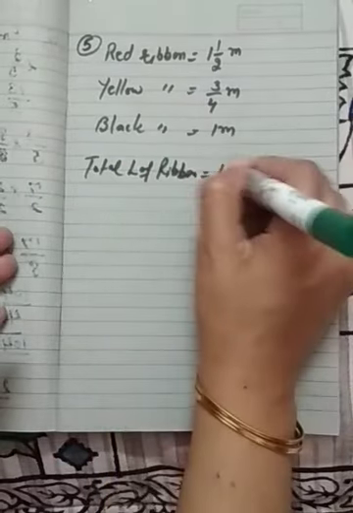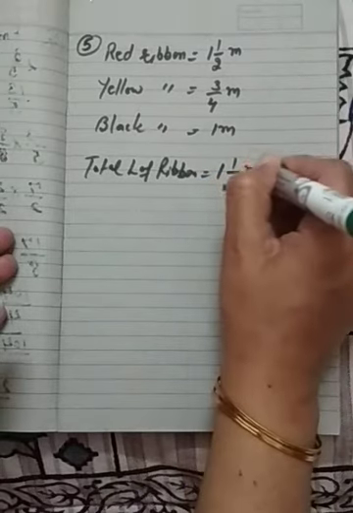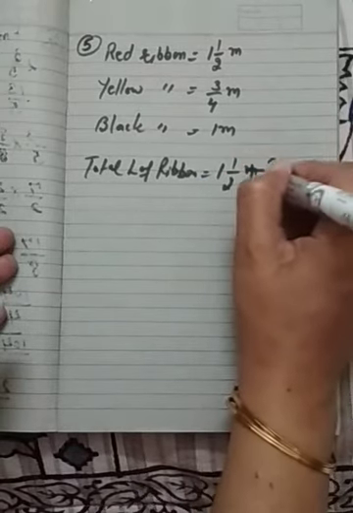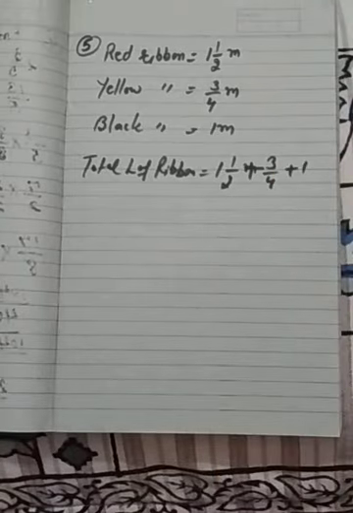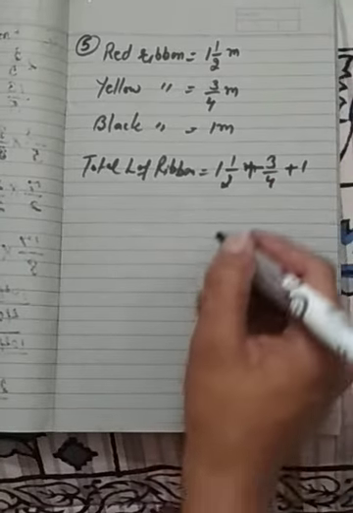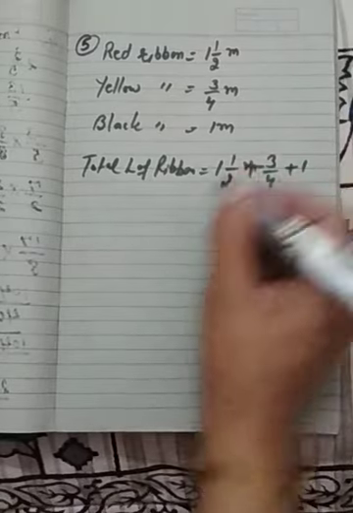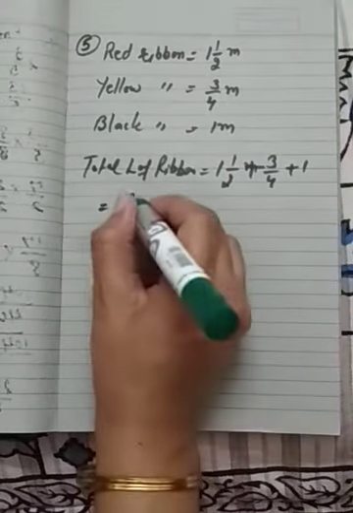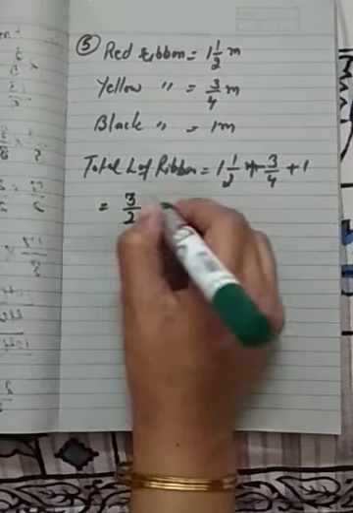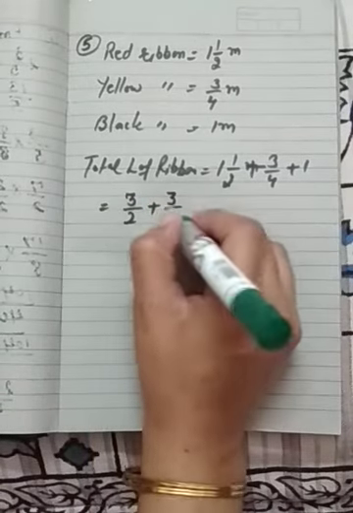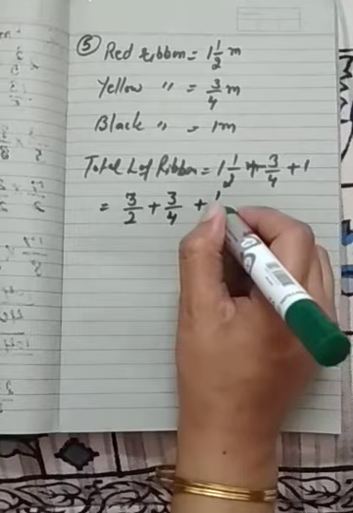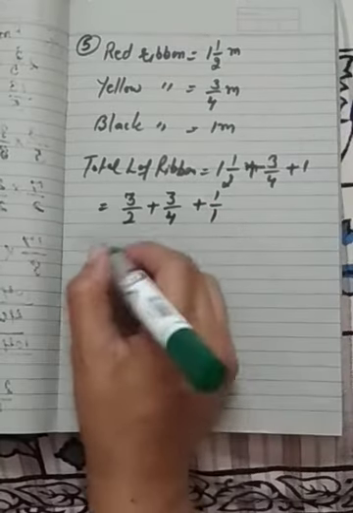For the total we will add these numbers. Now firstly convert the mixed fraction into fractional form. 2 1s are 2, 2 plus 1, 3 by 2, plus 3 by 4, plus 1. 1 has no denominator, that's why 1.